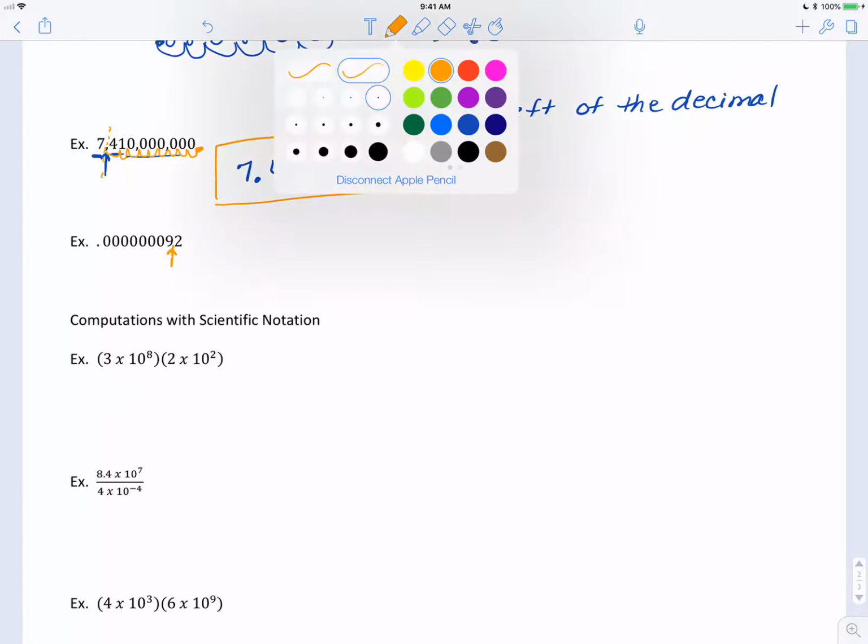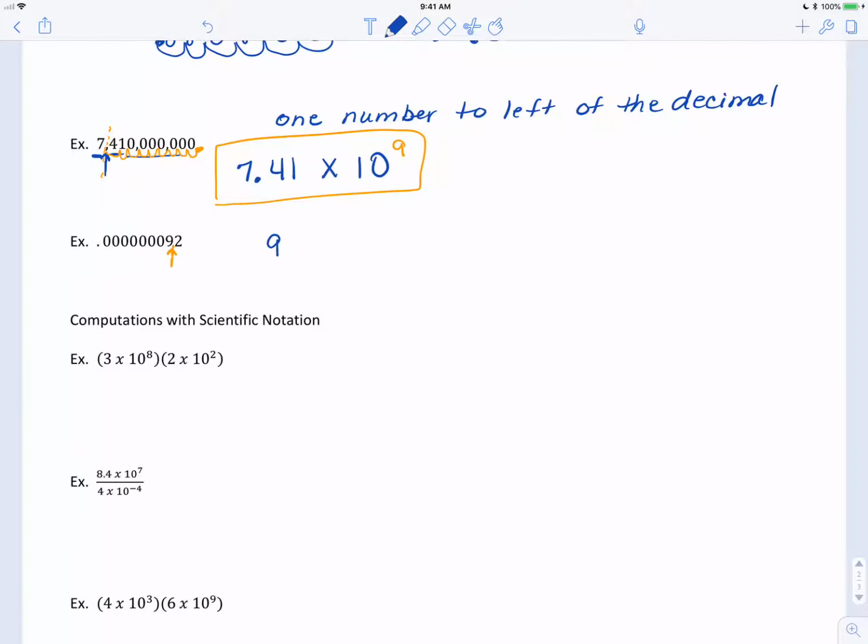So when we write that in scientific notation, we're going to say 9.2 times 10, but how many spots are we moving this decimal place? 1, 2, 3, 4, 5, 6, 7, 8. But it's a small number. It's a teeny tiny number because that decimal is way over here. So that's that negative number. And so that's how you write them.